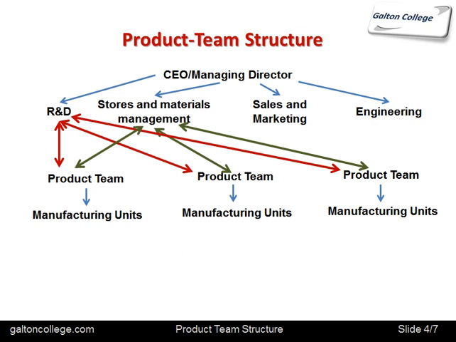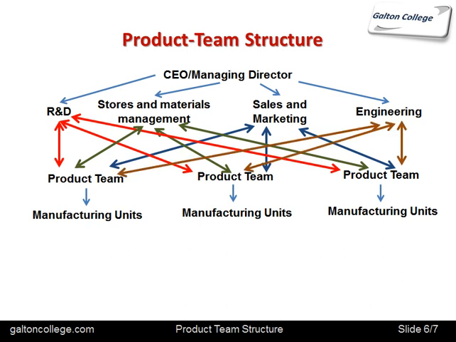But of course they're also linked to sales and marketing, and they'll need people within sales and marketing to market the product and ensure the product is well positioned in the marketplace. So we have 3 more there, and of course engineering, it has to be made, so we've got 3 more there. So you can see how complex this type of structure can become.